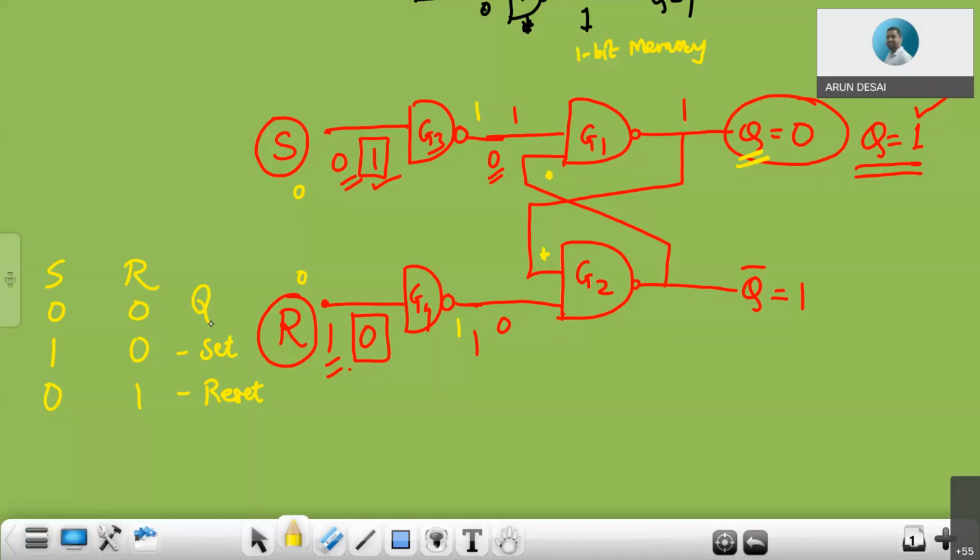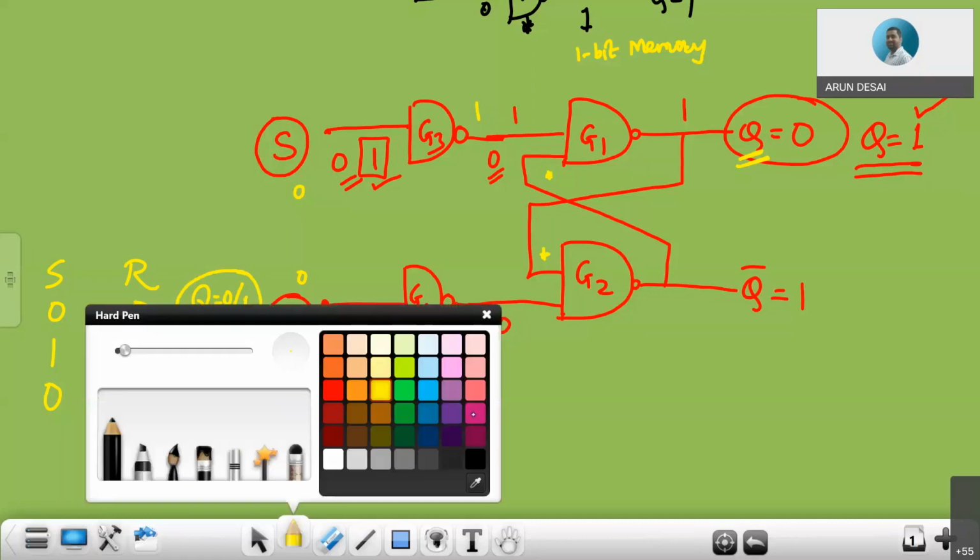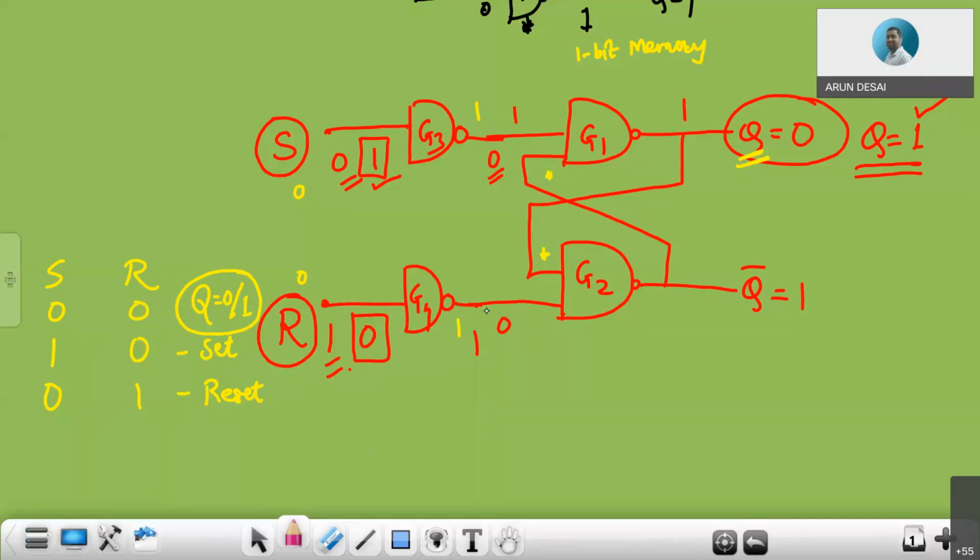So the value of Q, either 0 or 1, it keeps that value as it is, right? So those are a few conditions over there. Now next we'll check the condition 1 1, right? What actually happens if we pass 1 1 as an input, right?